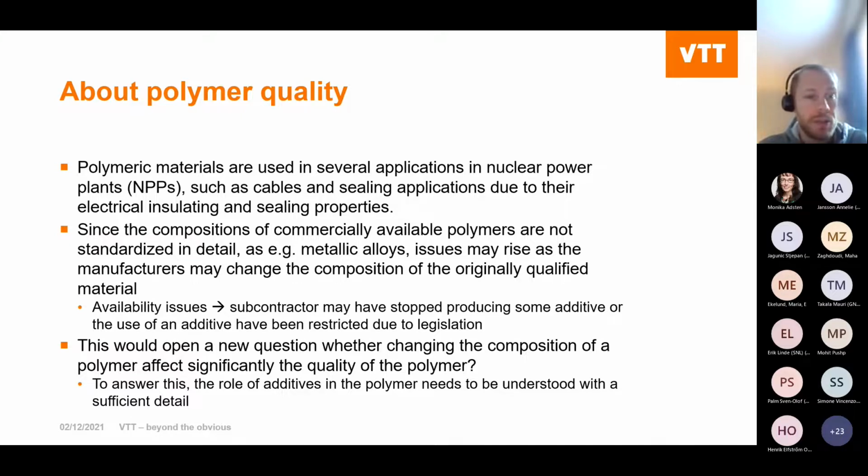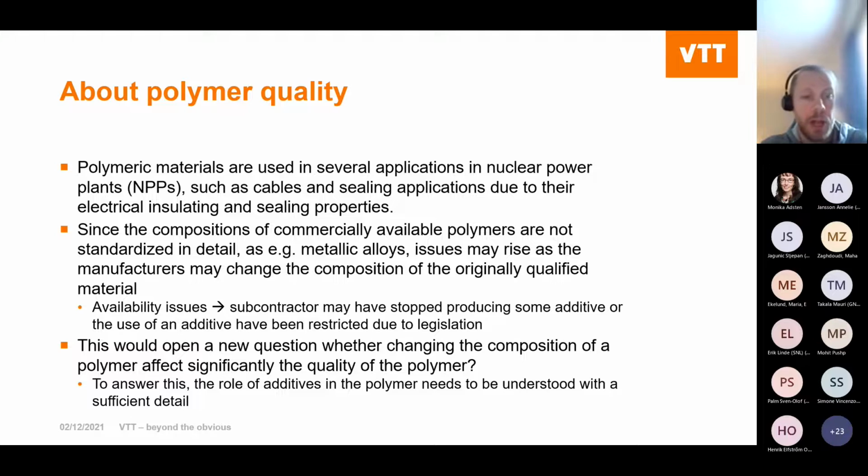And this may be due to the availability issues that the polymer provider or salesman faces. The subcontractor may have stopped producing some additive, or the use of additive may be restricted by legislation.